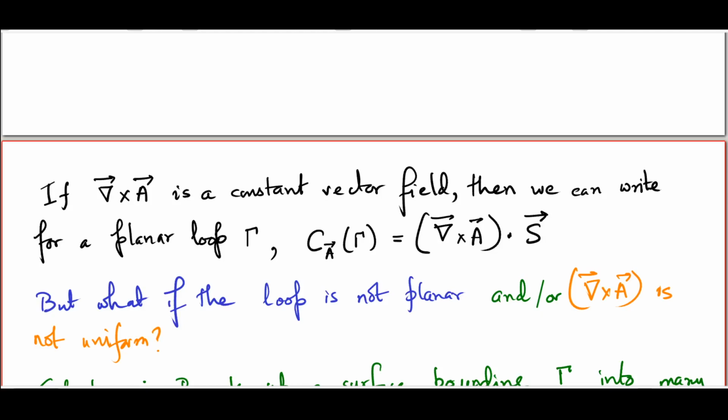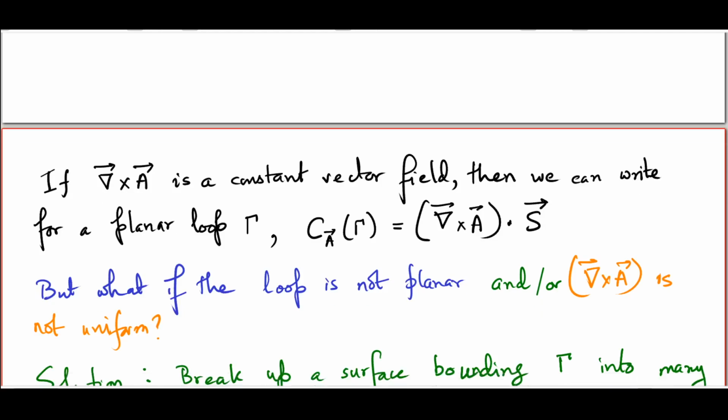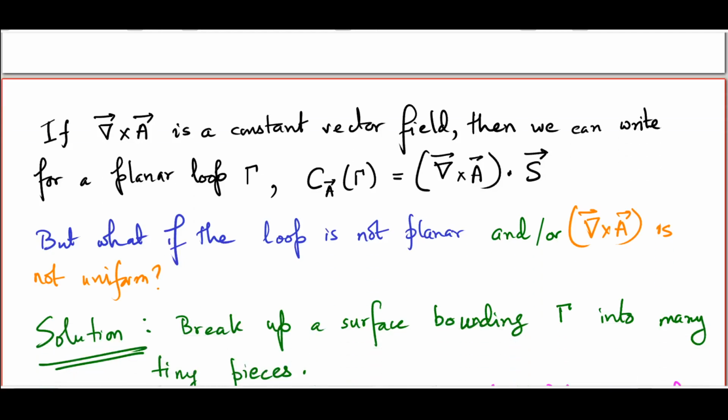That is, break up our region into tiny pieces. So what we can do is we can take a surface which bounds our loop gamma. Any surface will do actually, as we will see soon, as long as it's bounded by gamma, and break it up into many tiny pieces.